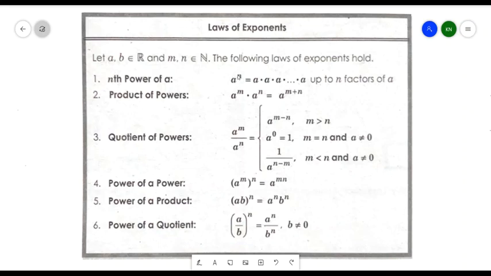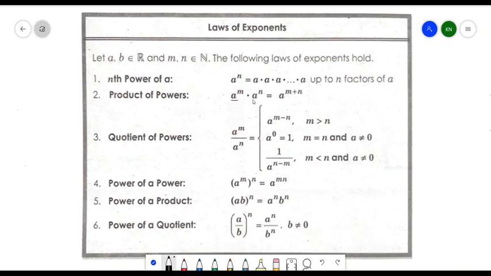So let's say n is equal to 3, meaning we will be multiplying a 3 times. And we also have the product of powers, a raised to m times a raised to n.